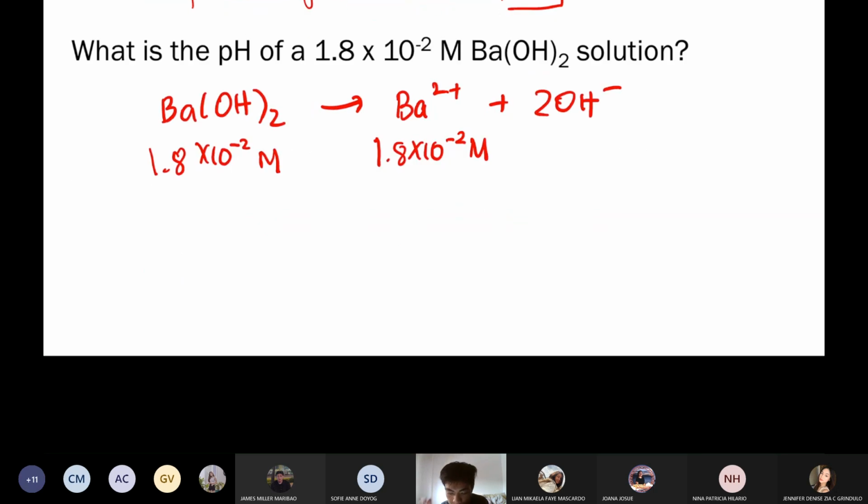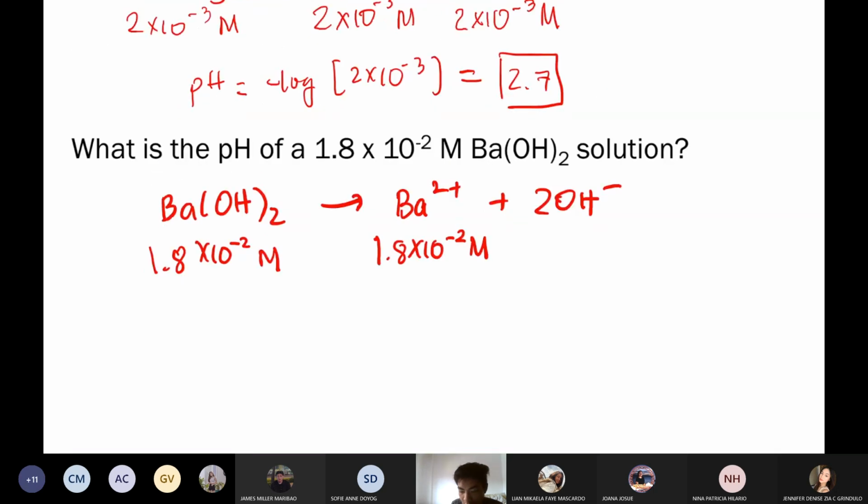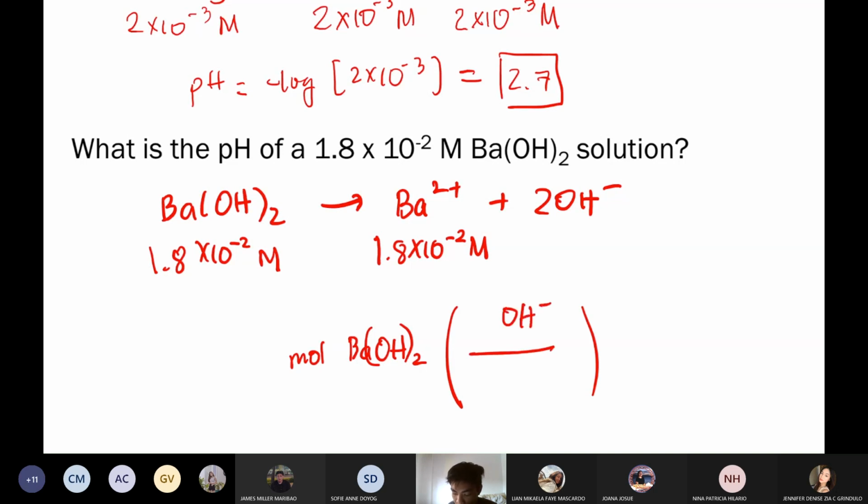Paano naging ganon? Okay. So, pakita ko sa inyo yung stoichiometry. If you have moles ng barium hydroxide, pag i-convert mo siya sa OH, you use the stoichiometric factor: 1 dito, 2 sa taas. So, basically, yung moles ng barium hydroxide, times 2 mo.